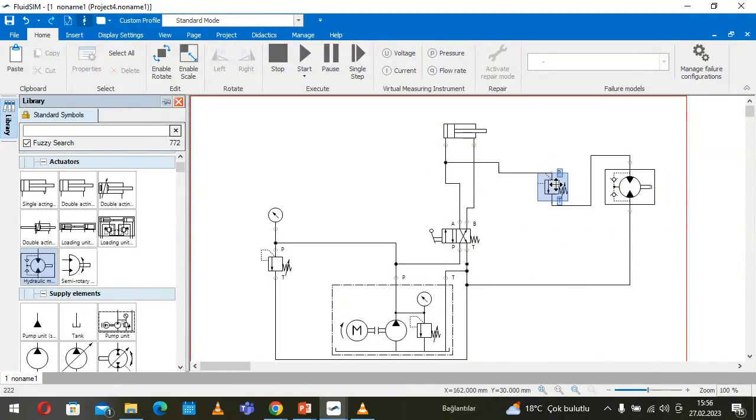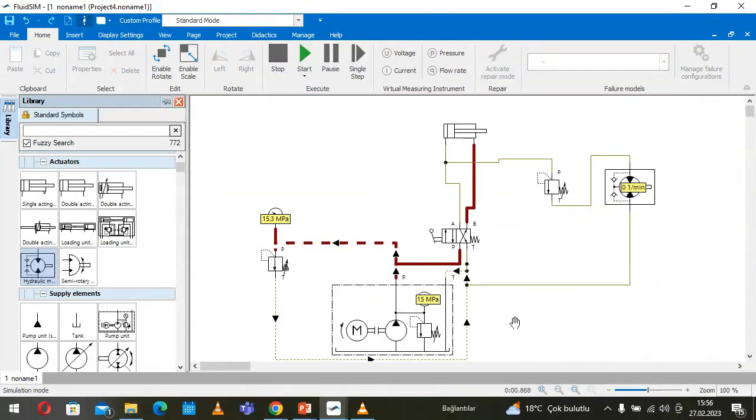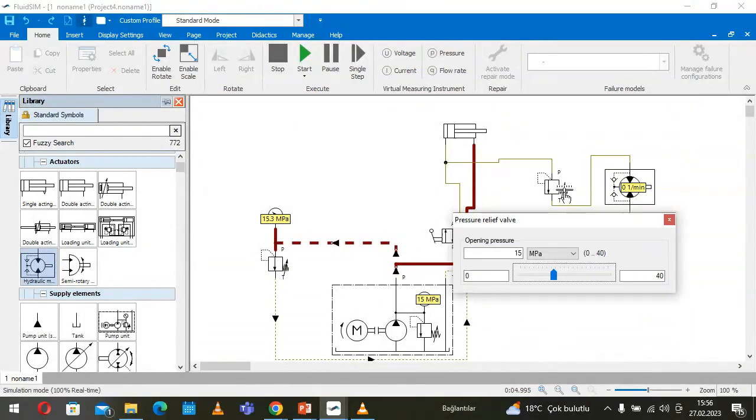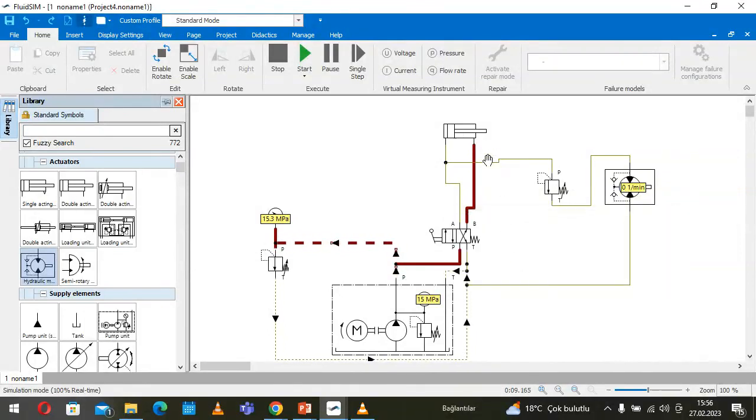That means now we drive the cylinder. This is 15. After the piston arrives at its advanced position, then the motor will start to turn.